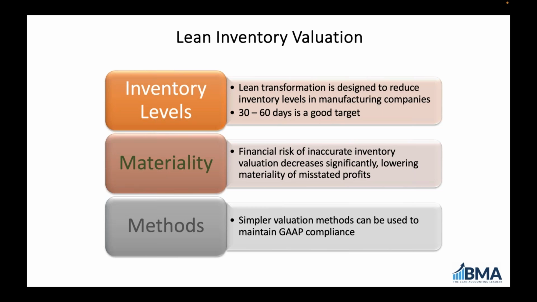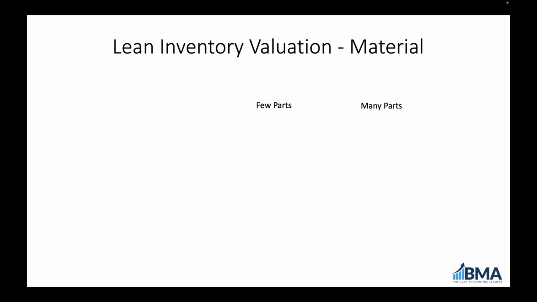That's important to understand. So let's look at the components of valuing inventory, which, from a traditional viewpoint, is material, labor, and overhead. The material value of inventory on the balance sheet is simply the quantity of each product multiplied by the price.